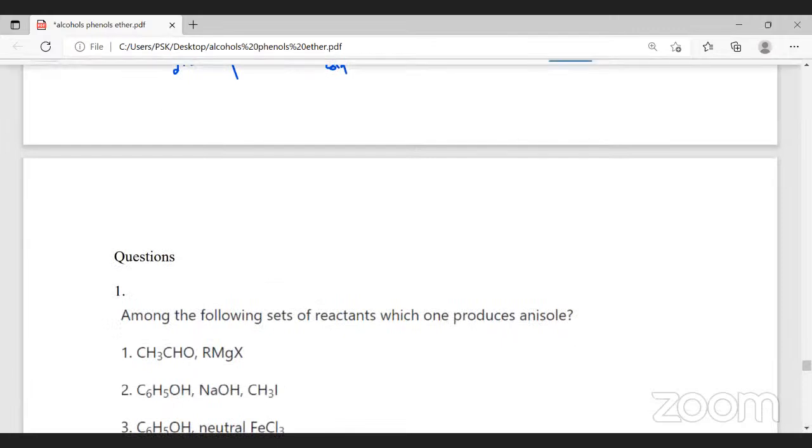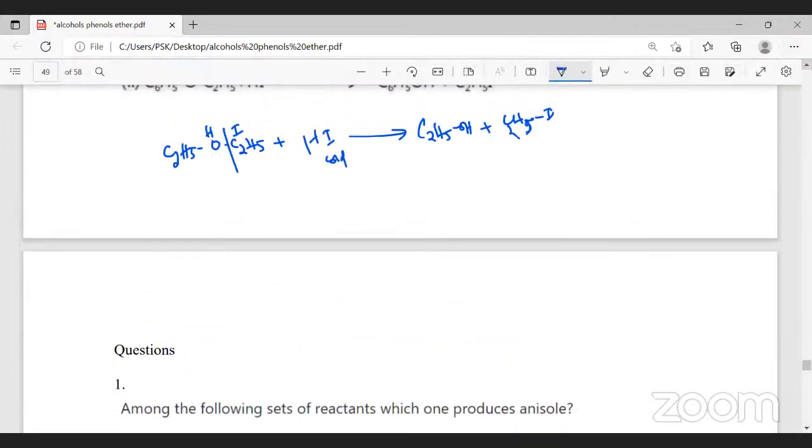Now, some of the questions we will learn before we learn the reaction in hot conditions. In hot conditions also, the reaction is the same. We get alcohol and ethyl iodide. That is at 100 degrees. But this is important now.